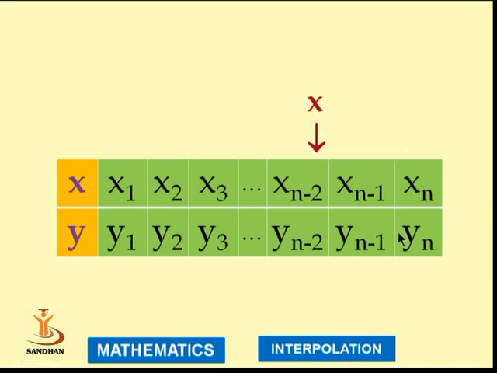And if the point x in question lies in the lower half of the table, that is, it lies in the values at the bottom of the table, then we would make use of backward differences and Newton's backward difference interpolation method. Now, why? If you remember, when we constructed the forward difference table, the values were concentrated towards the upper triangle.